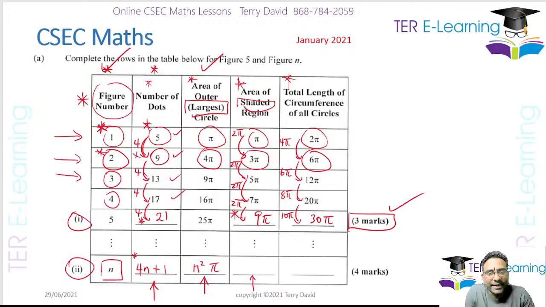Now in some of these, you're going to have to play around with some numbers, right?